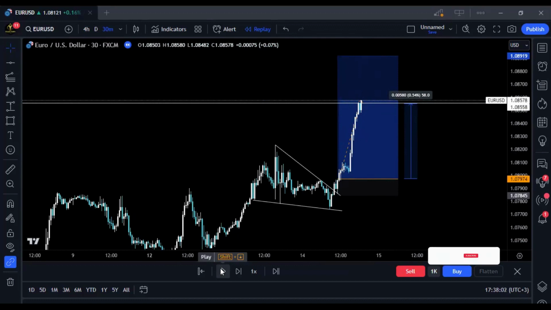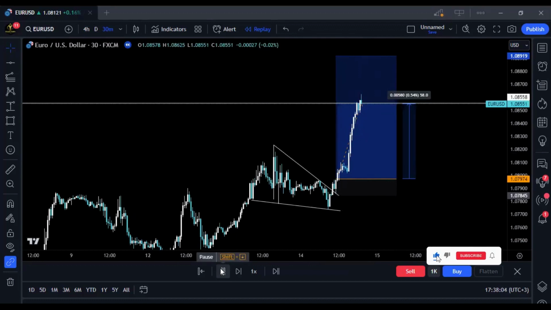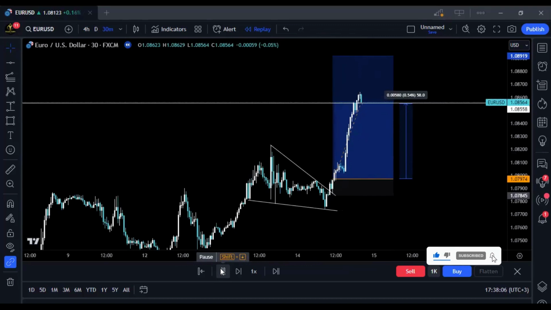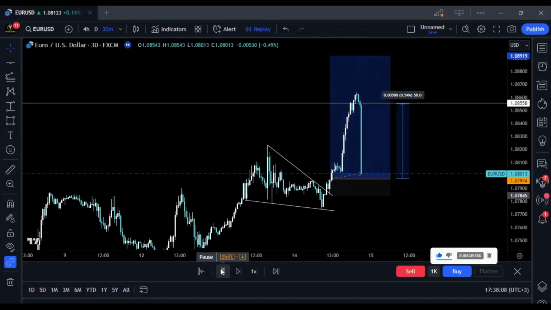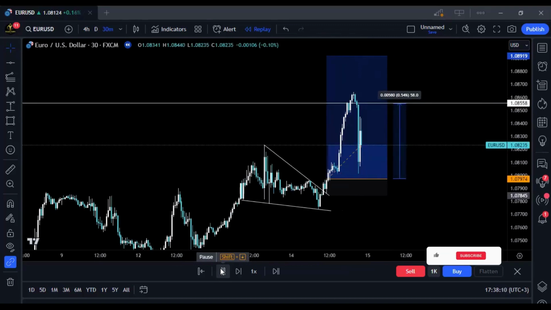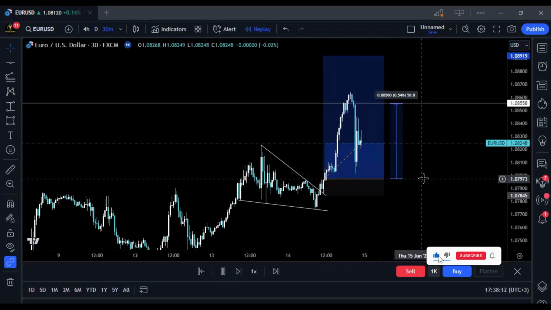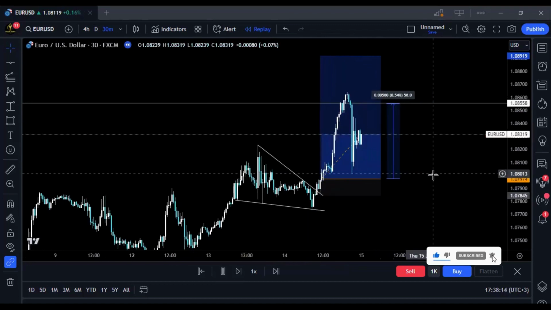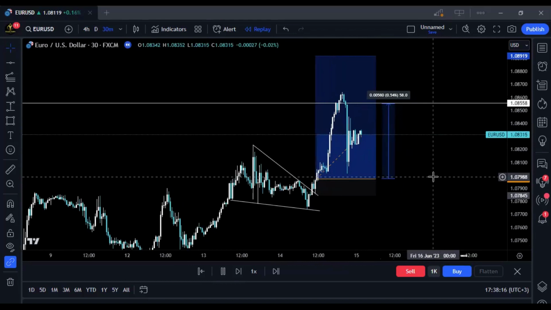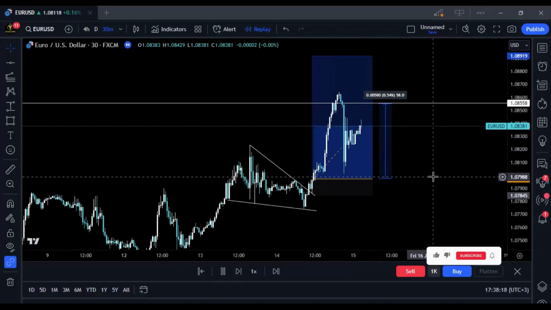But let's see how it kept on playing. Did it reach the target? So you can see it did kind of move with momentum there. Okay, it didn't stop us out as well. So if a person is holding and stops are still at break even, the person is still in the trade.